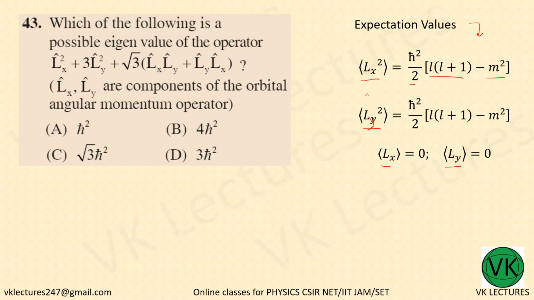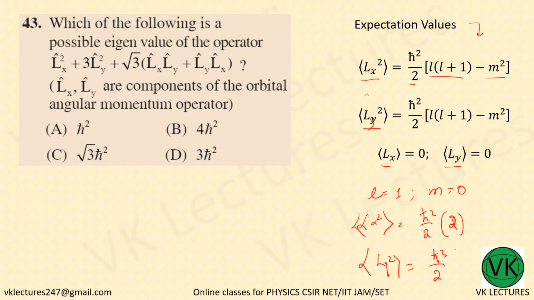Now coming back, for L equal to 1, m will be equal to 0. Then expectation Lx squared will be equal to h cross squared by 2 into L into L plus 1, which is 2. Similarly Ly squared is h cross squared by 2 into L into L plus 1, again 2.